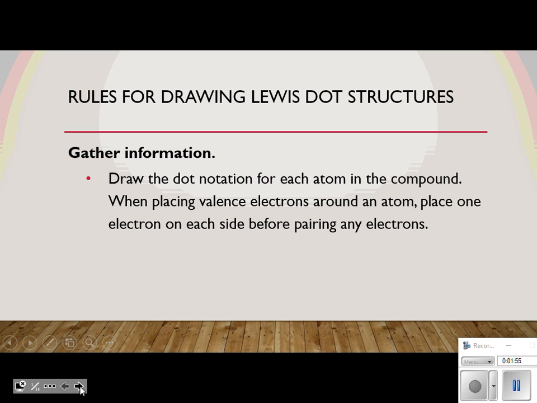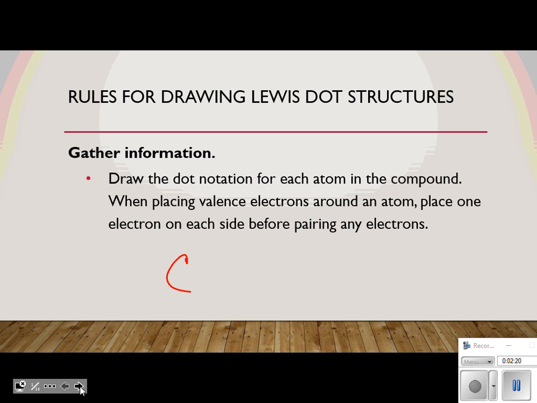And I'll tell you exactly what I mean by that. It says here, when placing valence electrons around the atom, place one electron on each side before pairing any electrons. Now, where that is going to be different, folks, the big one is carbon.